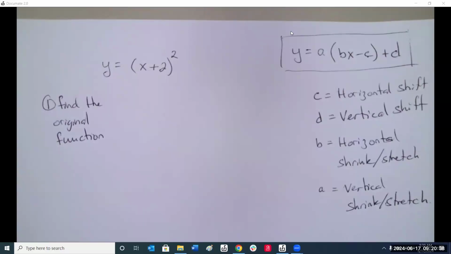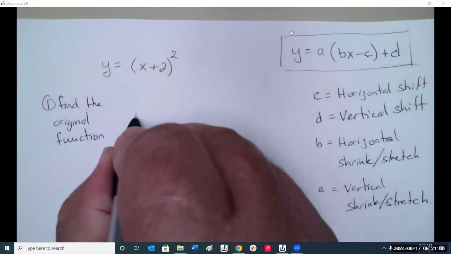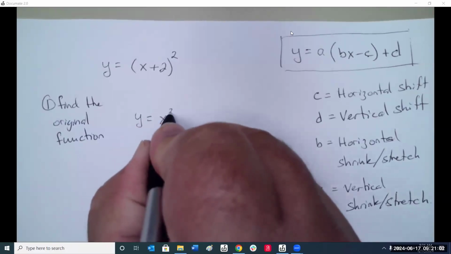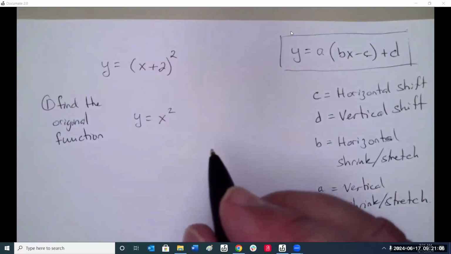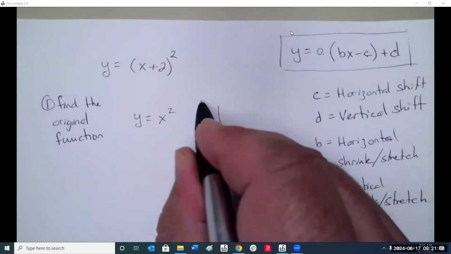You should have them somewhere in your notes. It's a quadratic function. Very good. The function here is x squared. What does the x squared function look like if you graph it? It's a parabola opening up. Very good.